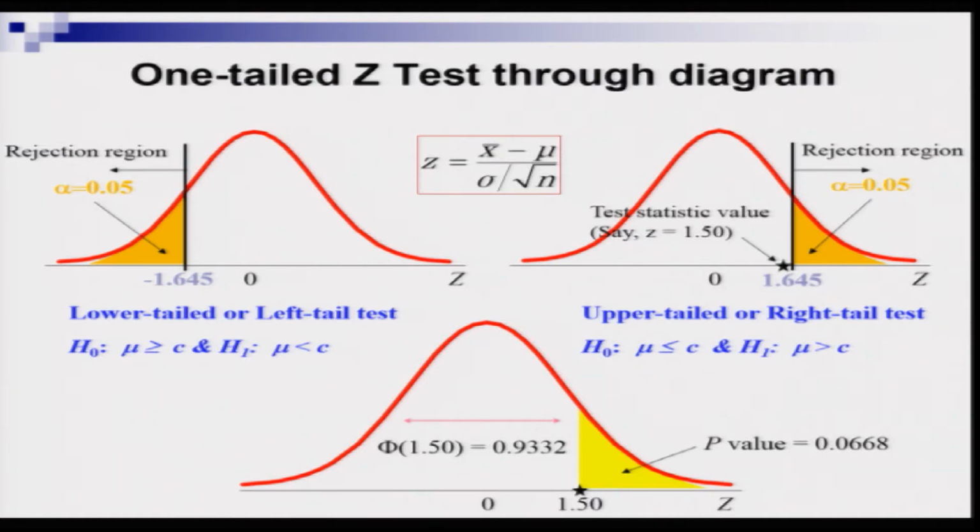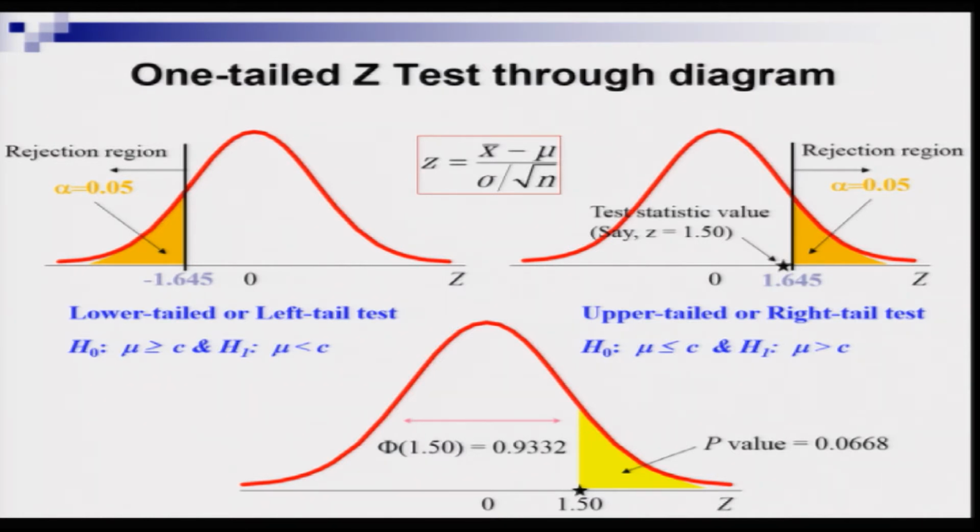Okay. Now let me move to the case of the upper tailed or right tail test, and here also you have that same standard normal PDF in a red colored bell shaped curve, and everything is the same, but the only difference is that as we are doing a right tail test, here I have to take the critical value 1.645 from the standard normal table, and we do not have to assign the negative sign in front of the critical value.